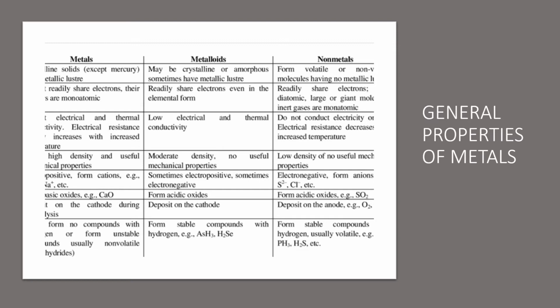And then metals form an ionic compound, ionic bond. For non-metals, having no metallic luster, so the appearance of non-metals is usually dull, and they share electrons in forming compounds to form diatomic or polyatomic molecules. Non-metals cannot conduct electricity, cannot conduct heat, and have low density.